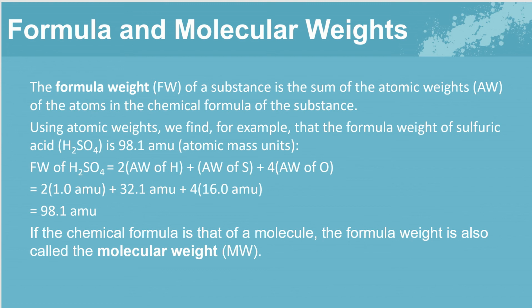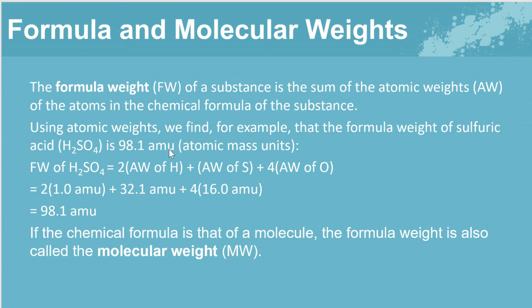All right, so the other thing that we're going to talk about is formula and molecular weight. The formula weight of a substance is the sum of the atomic weights of the atoms in the chemical formula of the substance. Using atomic weights, we find, for example, that the formula weight of sulfuric acid, which is H2SO4, is 98.1 atomic mass units.